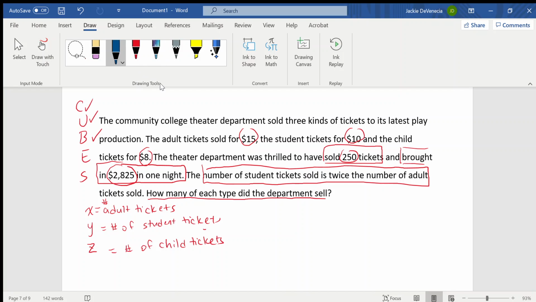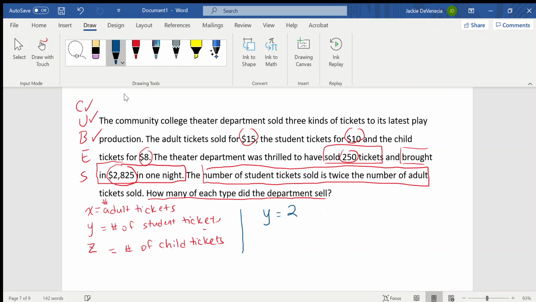The number of student tickets sold is twice the number of adults. So between students and adults, this is telling us that the student tickets, Y, is twice the number of adults.